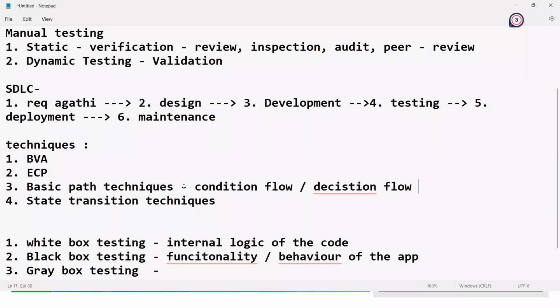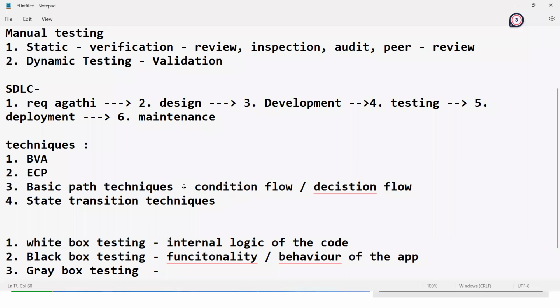If you create a program as a developer, we have to test whether all the conditions or flows in the application are working as per the requirement or not. As a developer, we thoroughly check whether all the conditions, decision statements, and iterative statements are working as per the requirement for both positive and negative data. So that is basis path technique.